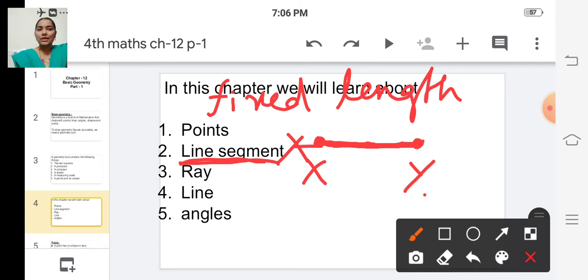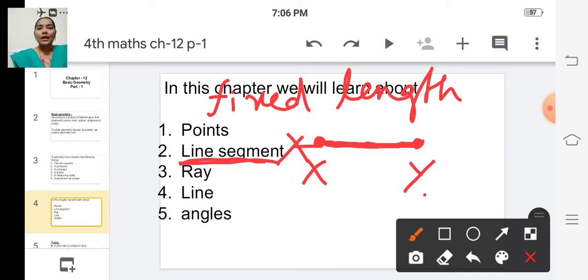Take 2 points and join those points using a ruler, and that is called a line segment. It has a fixed length and we cannot extend from any side, any end.